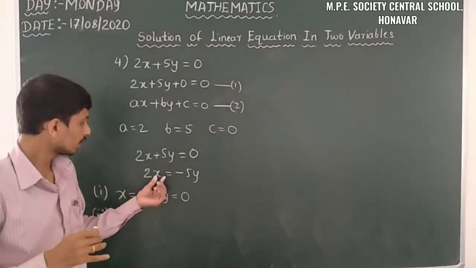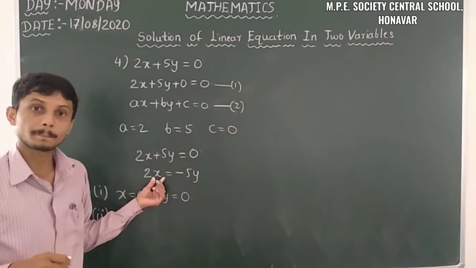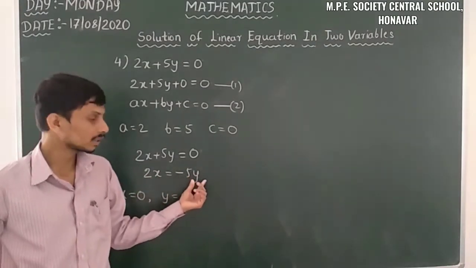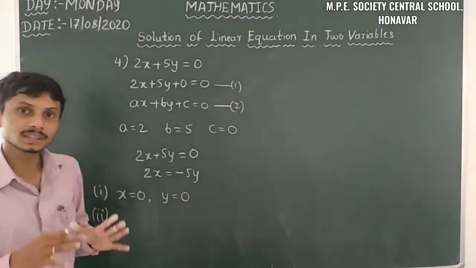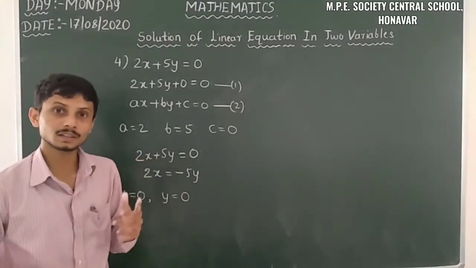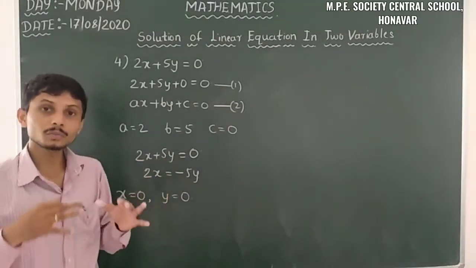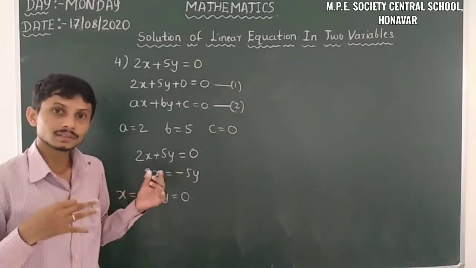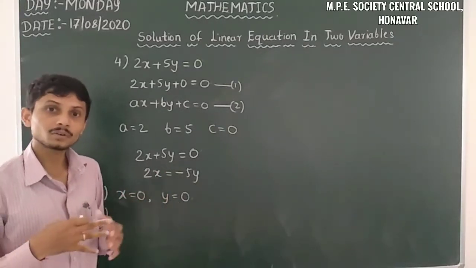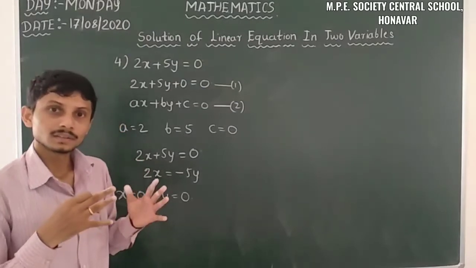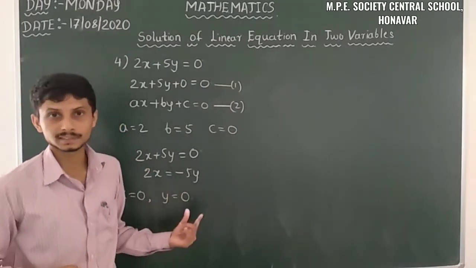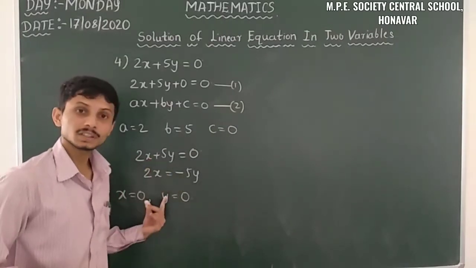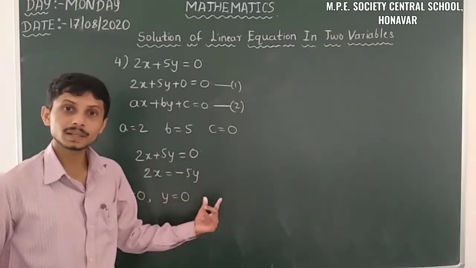Yes. Then secondly I will take the vice versa values. When I take the value of minus 5 here and the value of 2 here, we have to take the vice versa condition. That means we take the coefficient of y in place of x, and the coefficient of x in place of y.